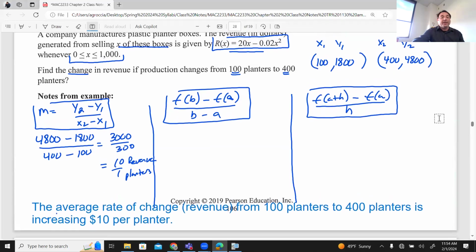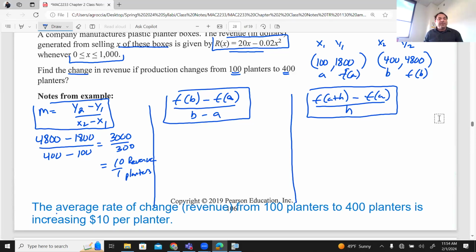Now we're going to do the second one, but please understand it's the same stuff. Now instead of x1, y1, x2, y2, we'll call the first one a, f of a, and the other point b, f of b.